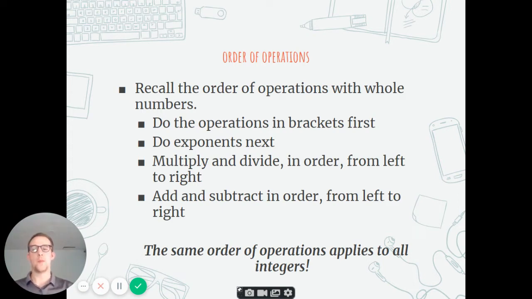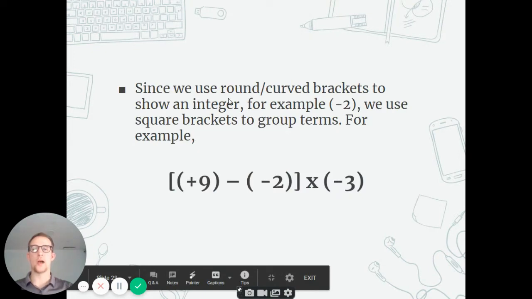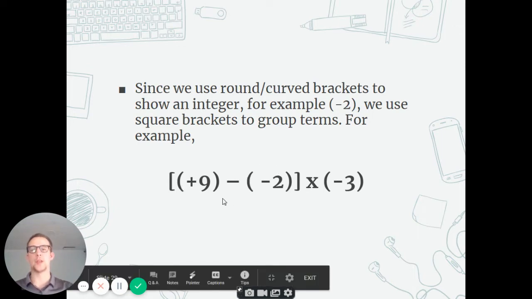So the same order of operations applies to all integers, to all numbers, but it's just good to review these things. Since we use curved brackets to show an integer, for example, -2, we would use square brackets like this to show group terms. So if we wanted to show something inside of a bracket that we were going to do first, we would use these square brackets.